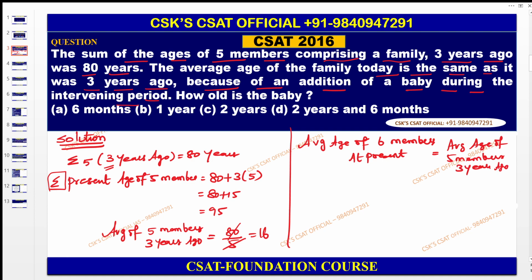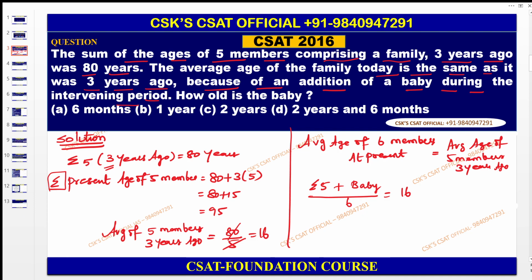You know the basic average formula: the summation divided by the total observations, that is n. Here in these 6 members you have the summation of the 5 members' ages plus the baby, divided by the total observations, which is 6. The average age of the 5 members 3 years ago is nothing but 16. Cross multiply.